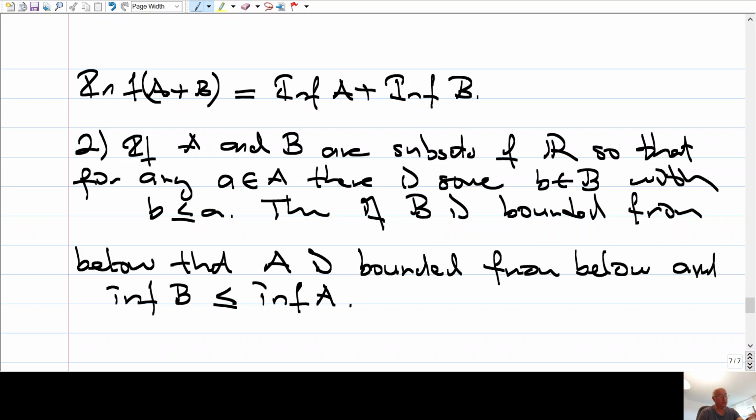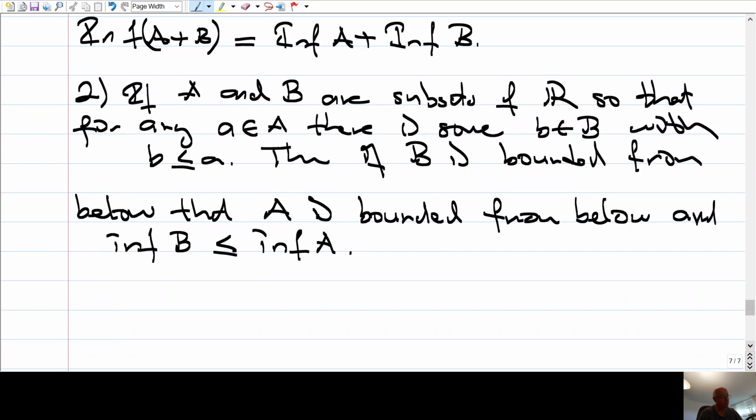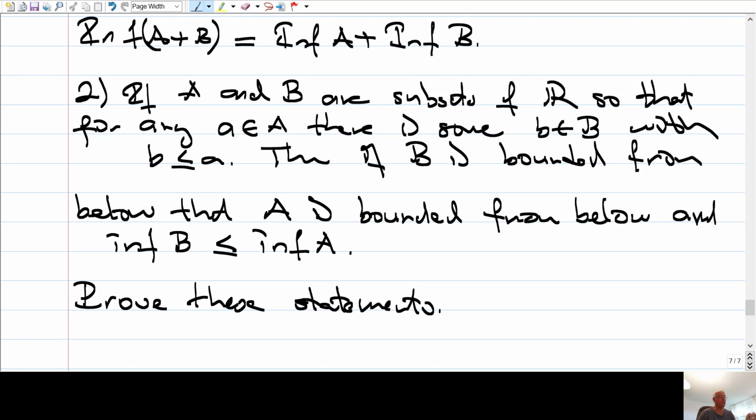I will leave the proofs of these two as an exercise to you. So your exercise: prove these statements. The proofs will be completely analogous to the proofs I have given, but you may choose some other ways. Okay.